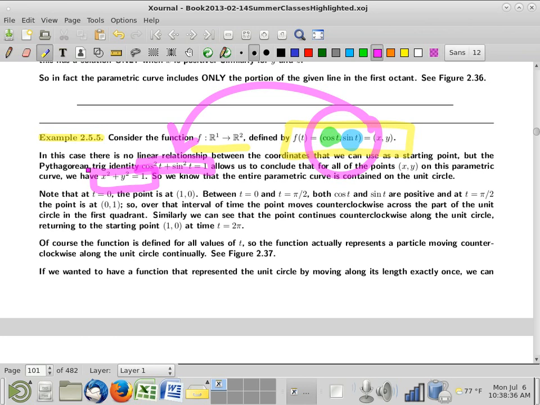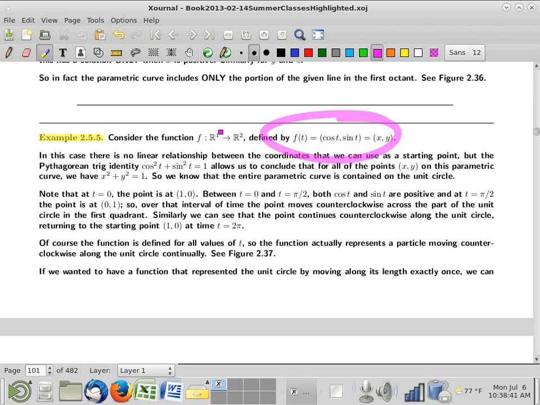What that tells you immediately is that this function's image is a subset of that unit circle. Now, is it the whole circle? Again, you have to think it through and confirm that it actually does trace out the whole circle. And that's not a hard problem. You can persuade yourself that for various values of t, you generate various parts of this curve. I'll let you read that part of the example on your own. So the punchline is yes, and so this function is a parameterization of that unit circle.